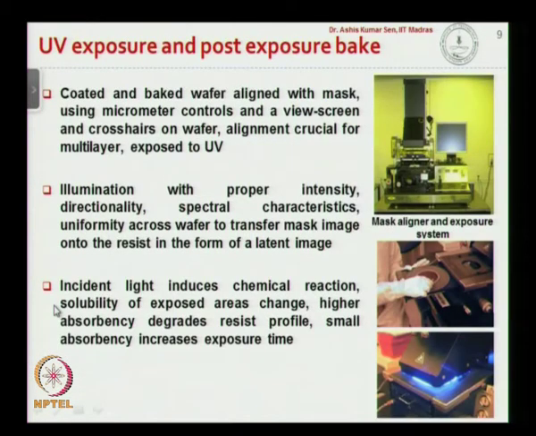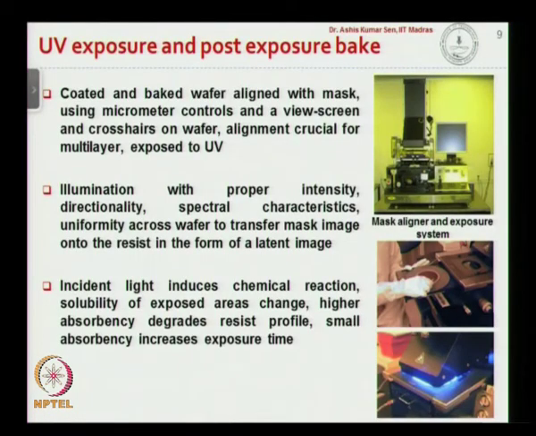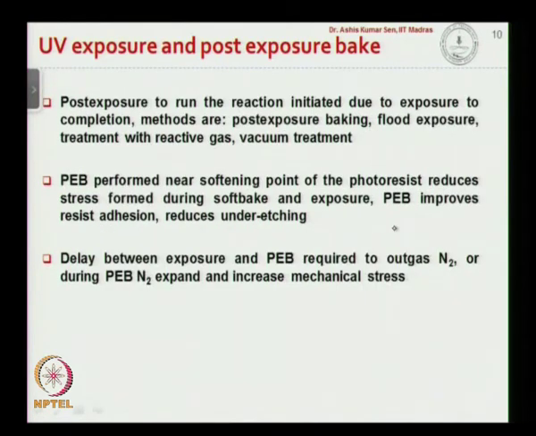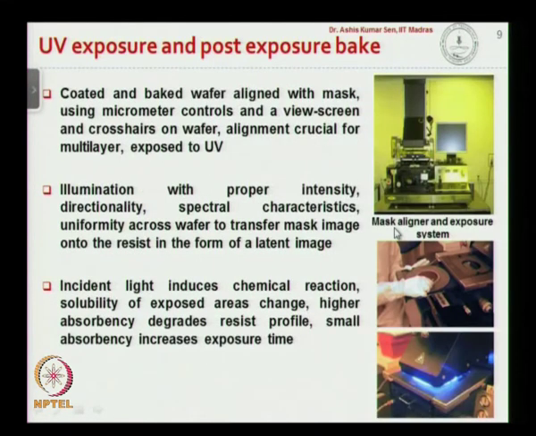So, once we do the coating of photoresist, the next step is to bake it. So, after we do the bake, we go for UV exposure through the mask. Okay. So, here you can see a typical UV mask aligner and UV exposure system.